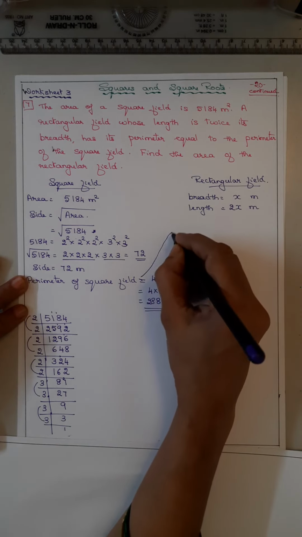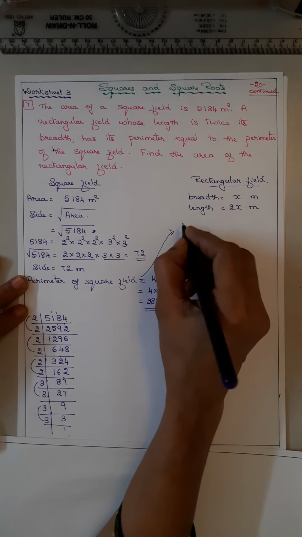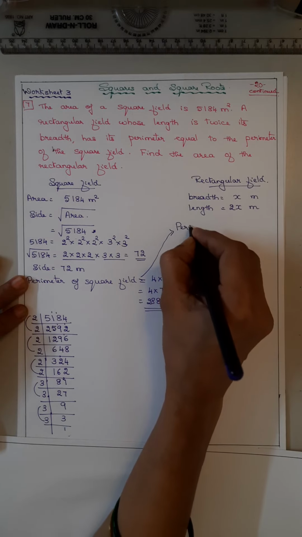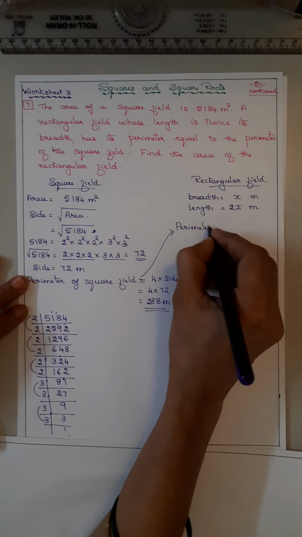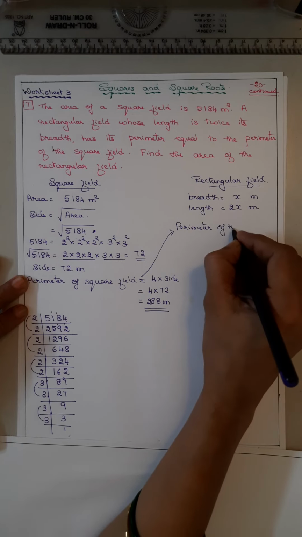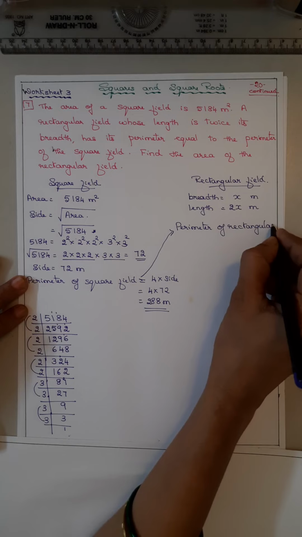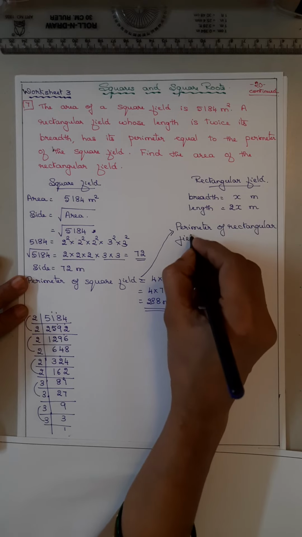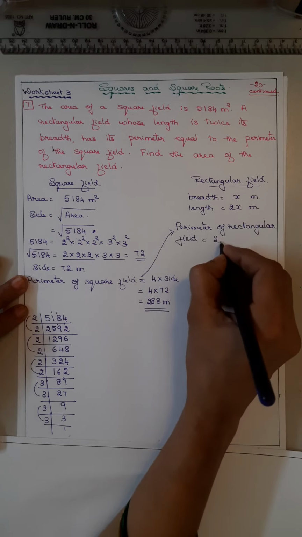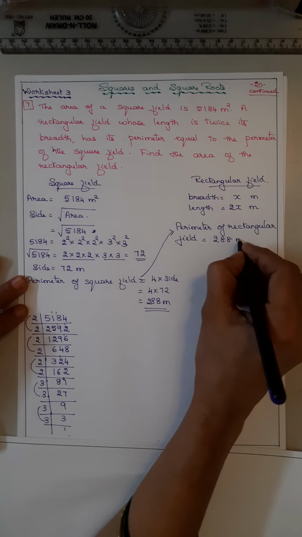Now, take this to the rectangular field. So the perimeter of the rectangular field you got to be 288 meter.